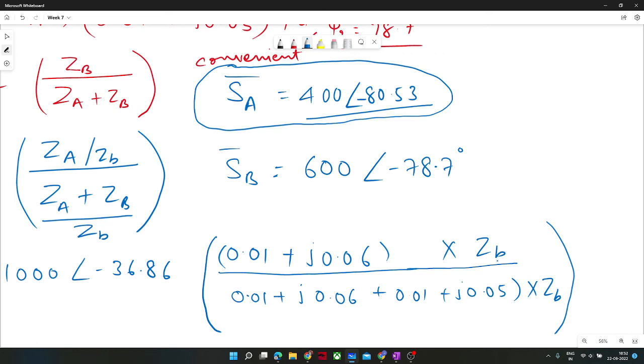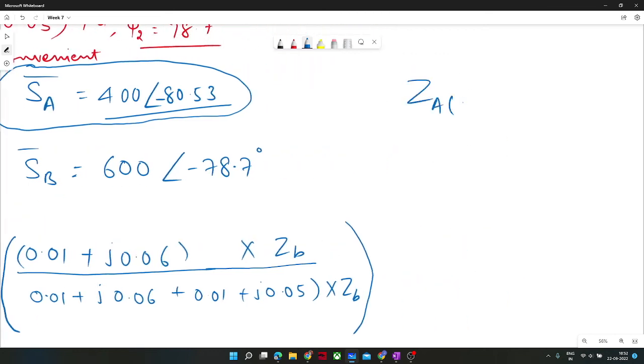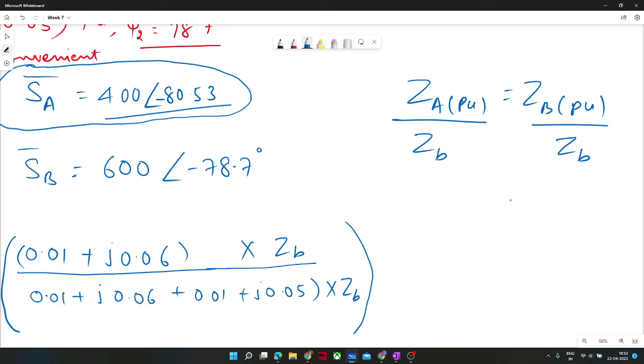If ZA per unit by ZB per unit is written, either in actual or any per unit, that doesn't matter. But if you write ZA per unit equal to ZB per unit, then it does matter. But if you divide it by base, and here in the problem it is given per unit, it means they have considered the same base. If anything in the problem is given in per unit, then they would have considered the same base.